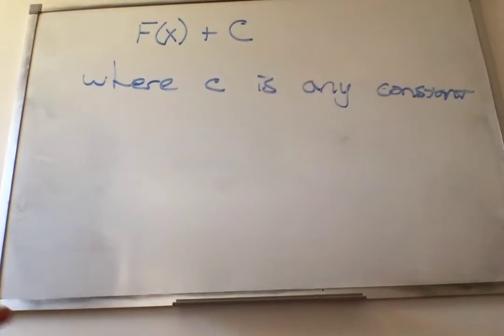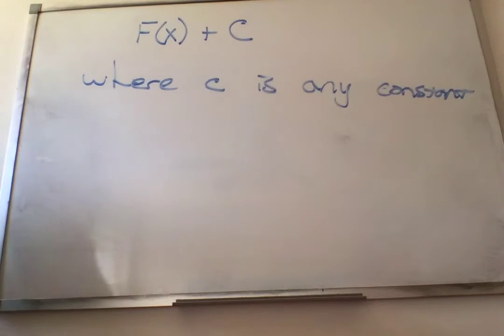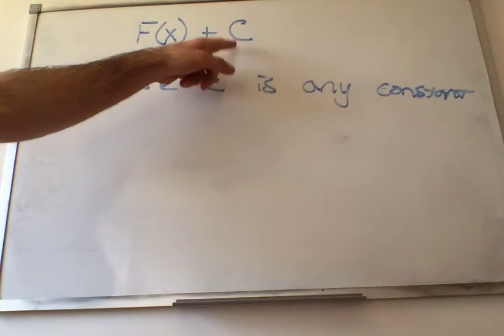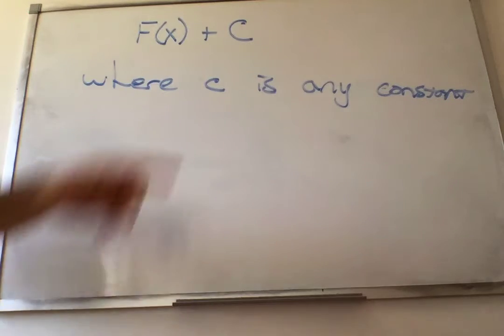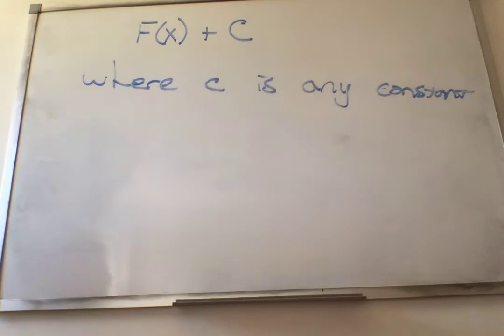All this is saying is that when we take the antiderivative, there is some missing information that was lost earlier when we take a derivative. So if we take the derivative of a constant, it goes away, it vanishes, it goes to 0. The derivative of a constant is 0.